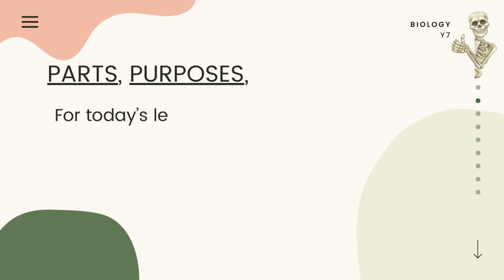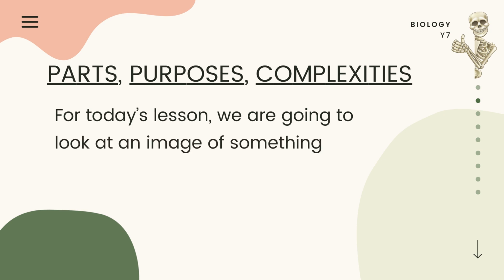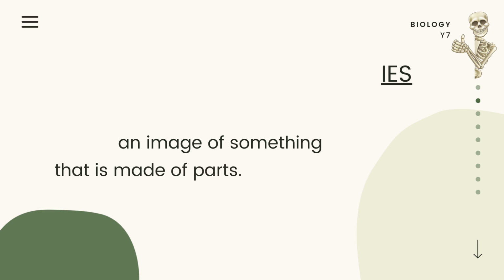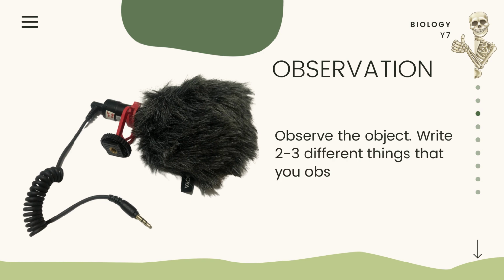For today's lesson, we are going to look at an image of something that is made up of parts. So using your paper, I want you to write down 2 to 3 different things that you observe about the object or the image that is shown on your screen right now.